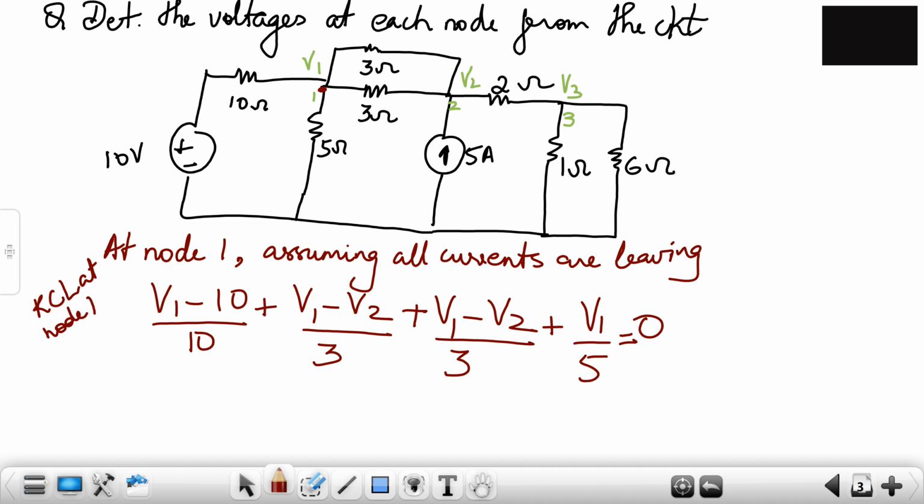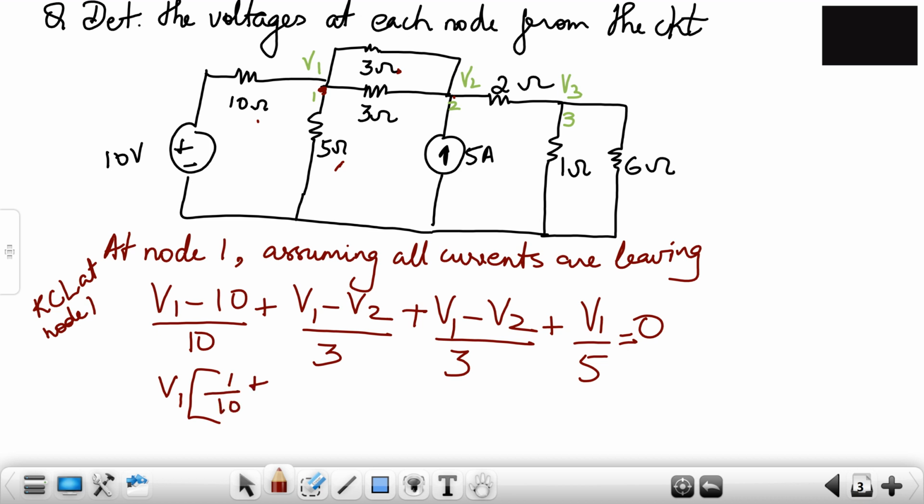Hope you all have understood the equation. I'll repeat. V1 minus 10 volts upon the 10 ohm resistor. Then V1 minus V2 upon the 3 ohm resistor. Since both 3 ohm resistors are in parallel, another addition, V1 minus V2 upon 3 ohms, plus V1 upon 5 ohms is equal to 0.